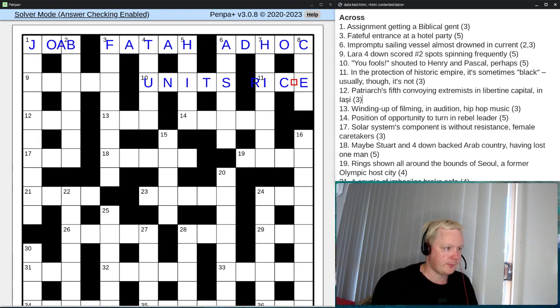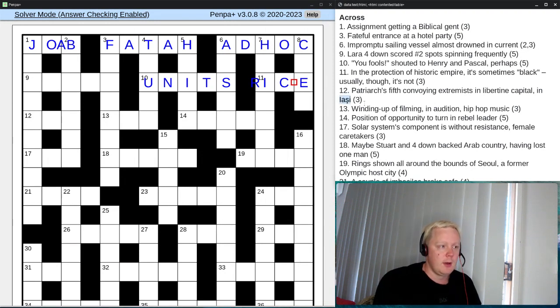Let's continue. 12 across. Patriarch's 5th, convoying extremists in Libertine capital in Yashi. Now, that's a weird sentence. And Yashi is a city in Romania.